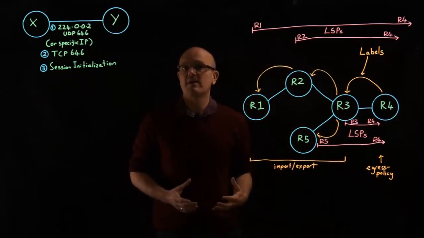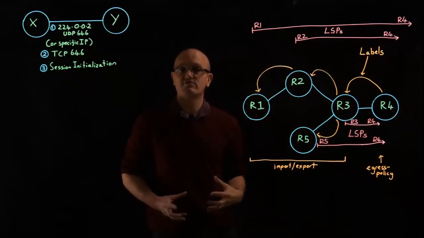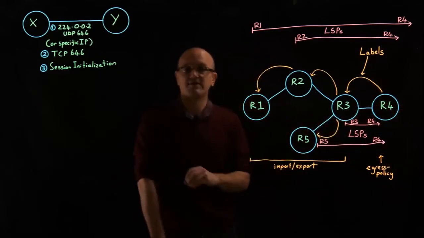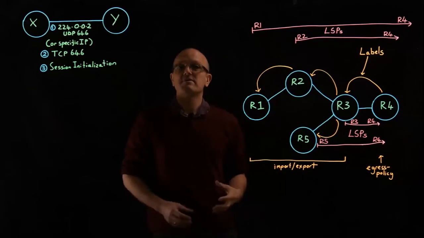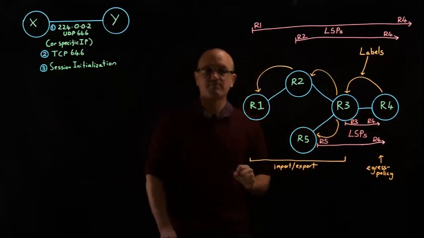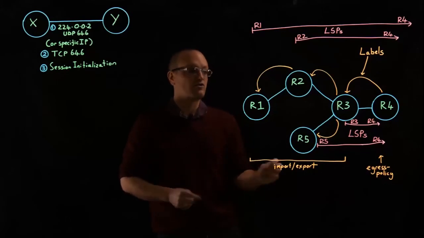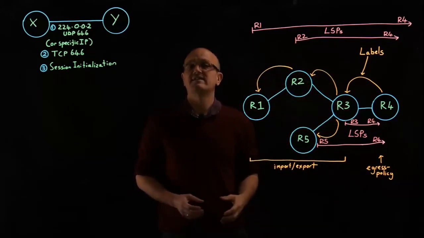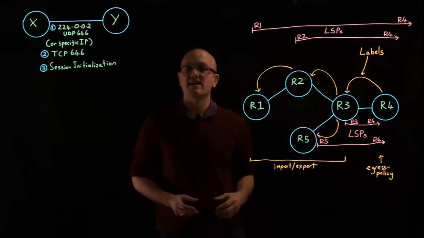And this is what LDP is doing. It's essentially creating a full mesh of LSPs to the downstream router. Because the label advertisement is initiated by the downstream router, and we're doing it to all upstream routers, this process is called downstream unsolicited label advertisement.